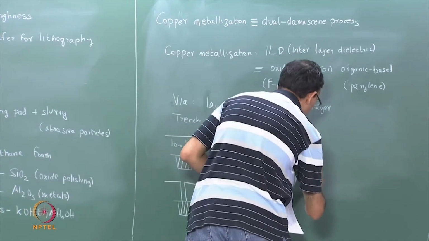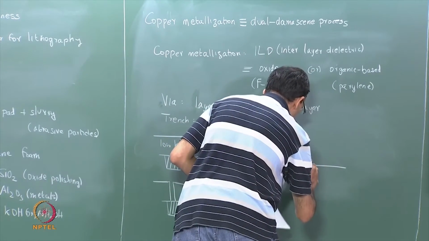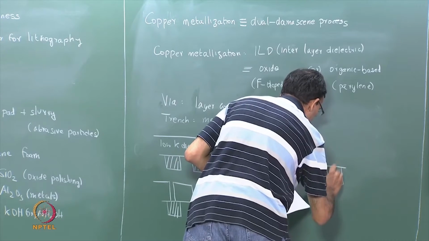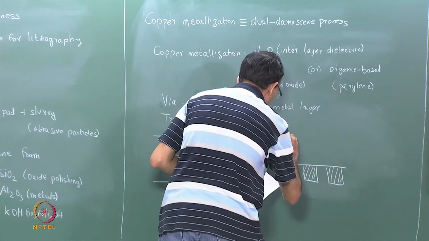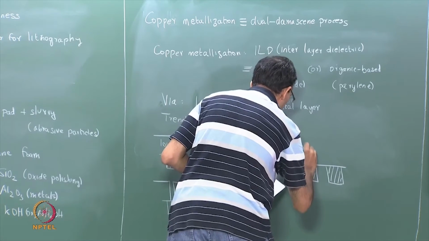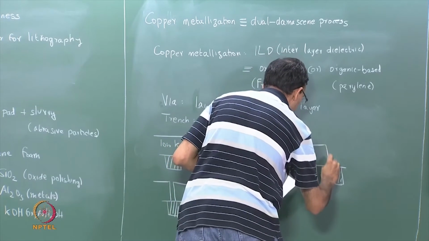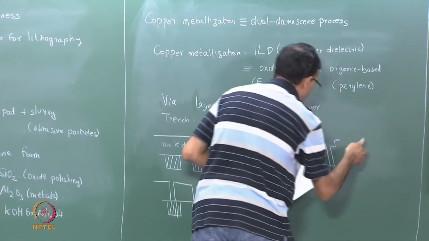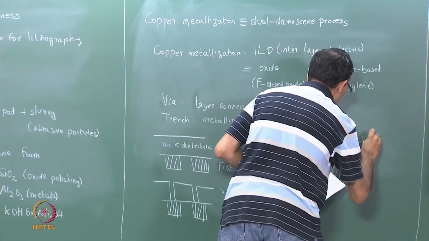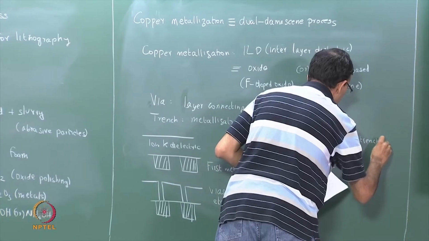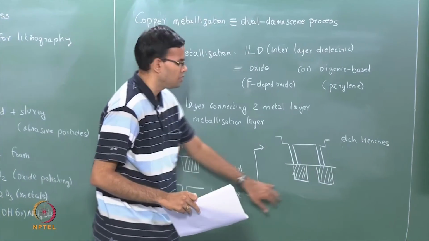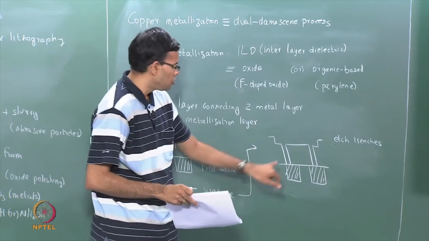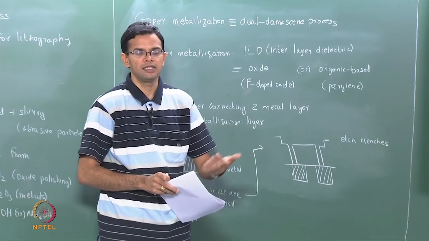This in turn leads to a process where you etch the trenches. So you have etched the via, then you etch the trenches, then the second layer of metallization is carried out. Both the via and the trench are filled at the same time.